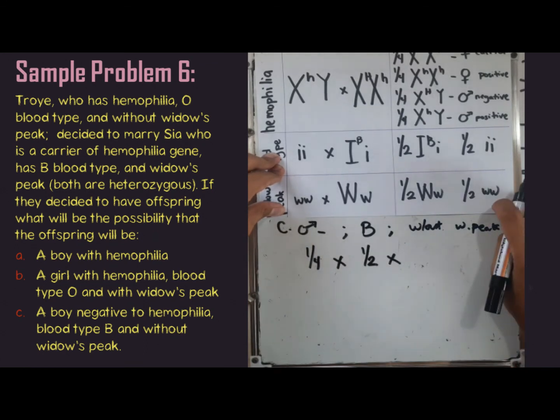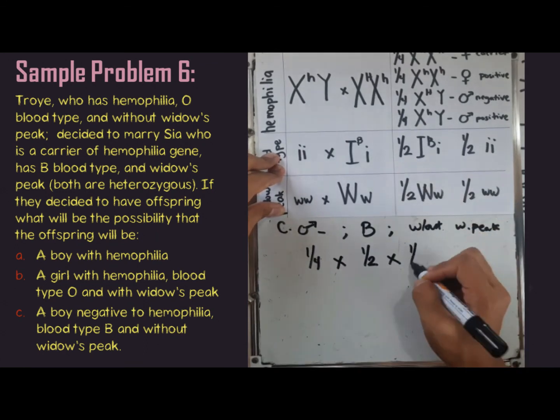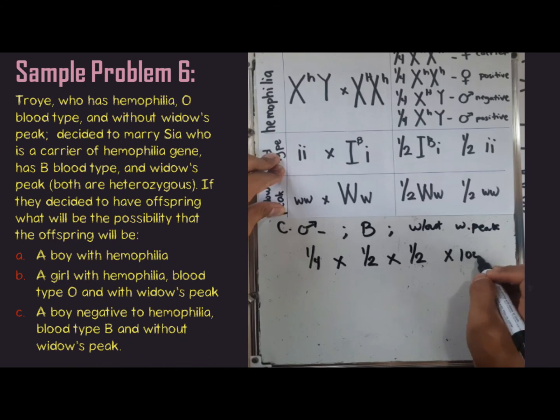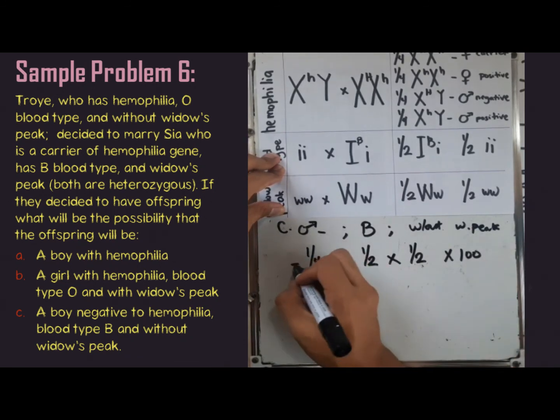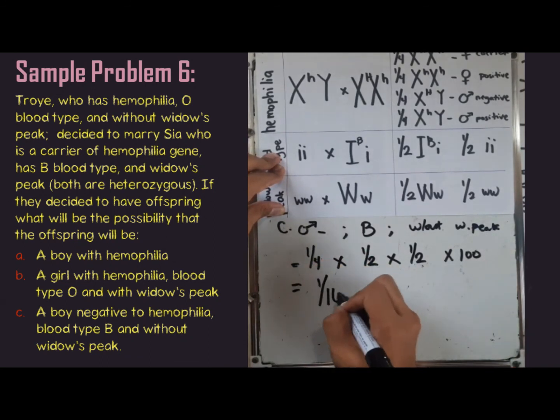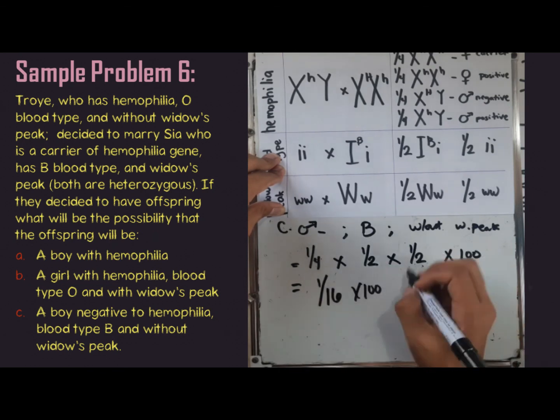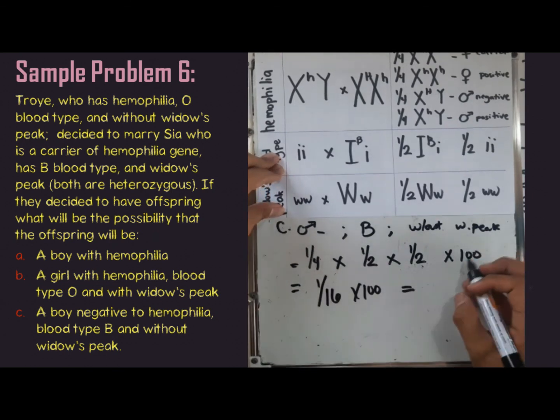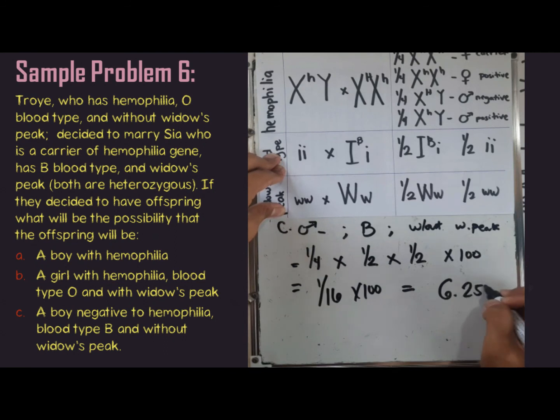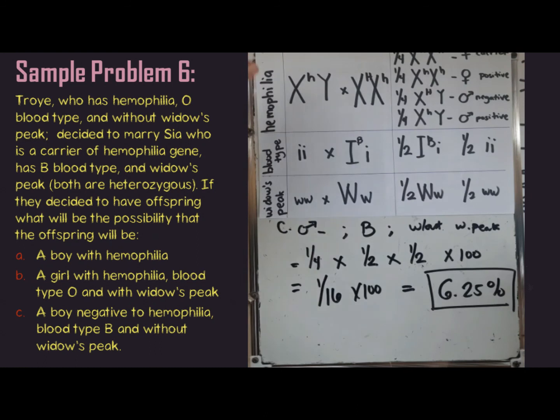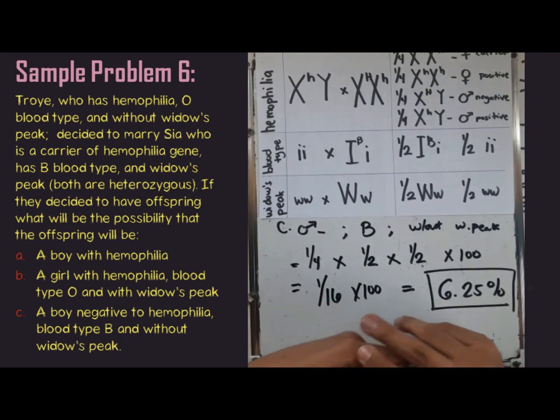Then absence of widow's peak is equivalent to 1/2 probability. Then we're going to multiply this by 100, in which we arrive at 1/16 times 100, which is also equivalent to a probability of 6.25%.